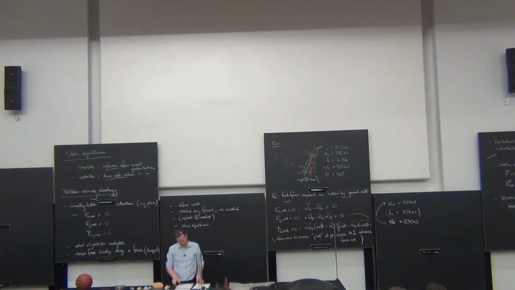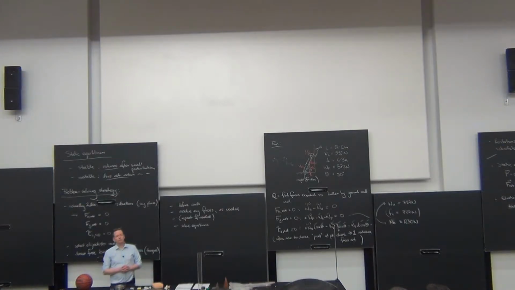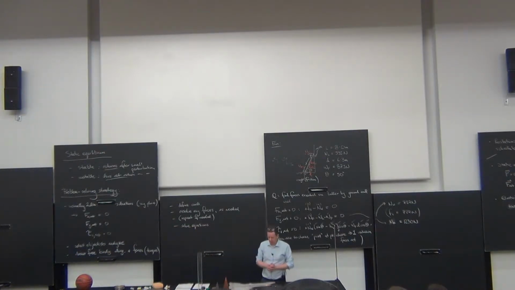For the net torque of the ladder about the pivot, do you also take the perpendicular components of each of the forces acting on it, using similar triangles? Take the perpendicular component of the forces acting on it.